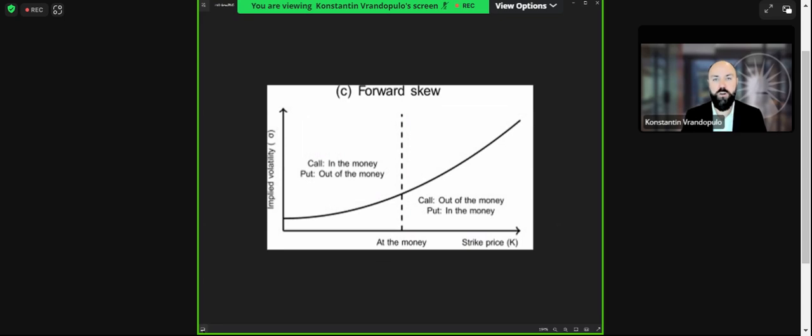So forward skew, positive skew, or call skew is a circumstance where calls equidistant to puts are more expensive in vol terms. This happens a lot in single stocks that are exhibiting extraordinary enthusiasm, euphoria, speculative activity on upside potential continuation, right?